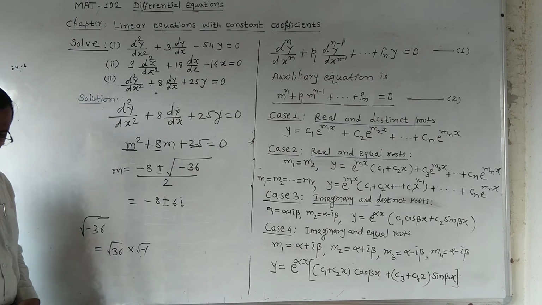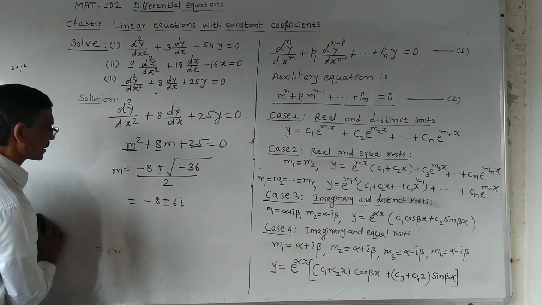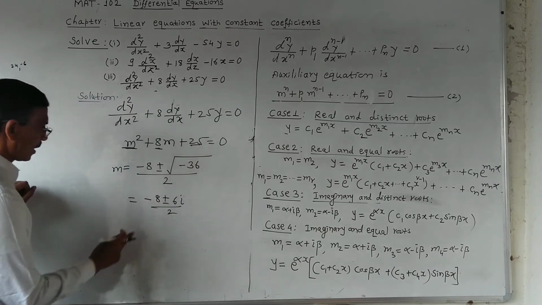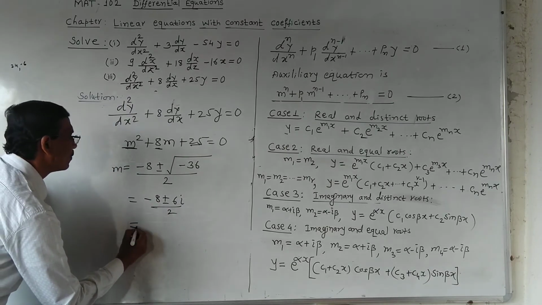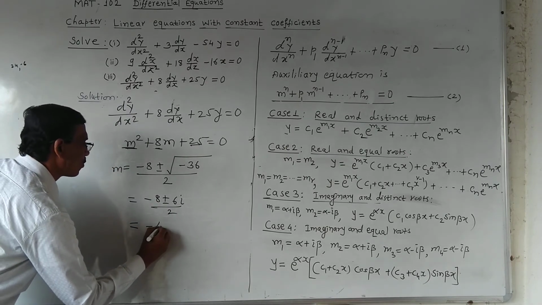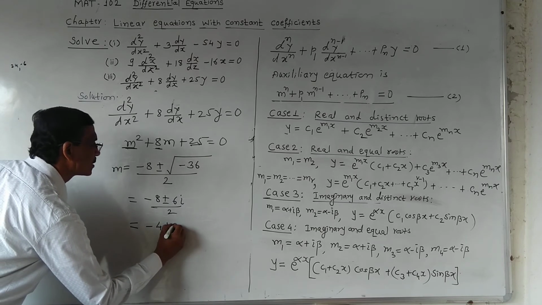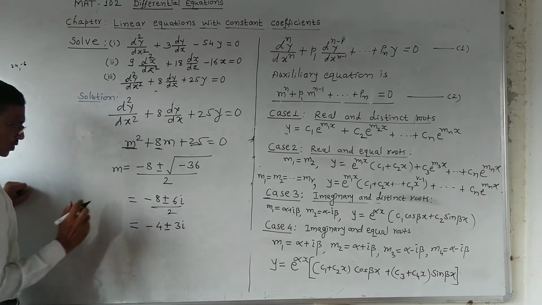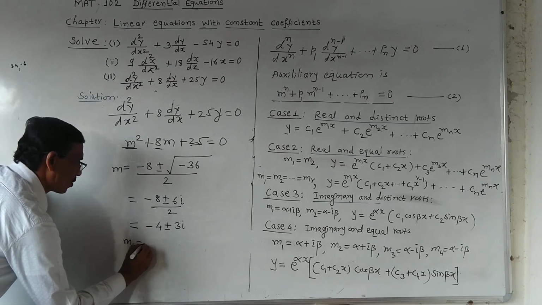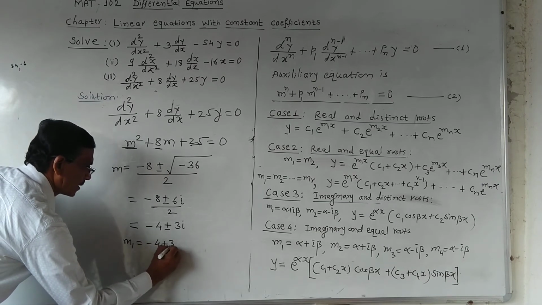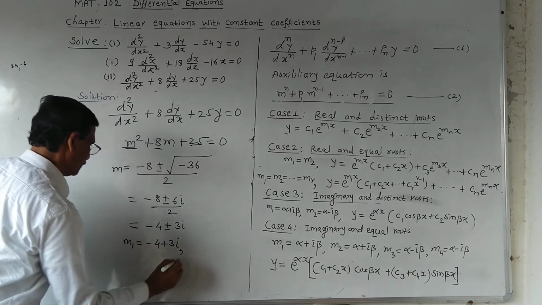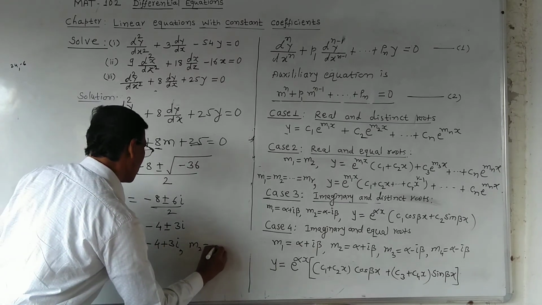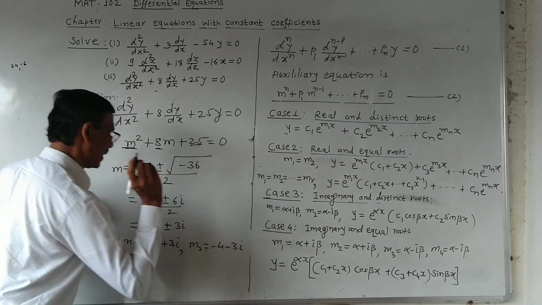Okay, minus 8 plus or minus 6i divided by 2. And after dividing by 2, we shall get minus 4 plus or minus 3i. Okay, these are the roots. That means m1 is equal to minus 4 plus 3i and m2 is equals to minus 4 minus 3i.